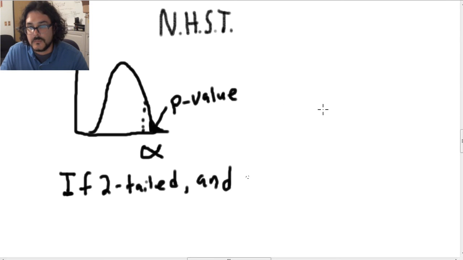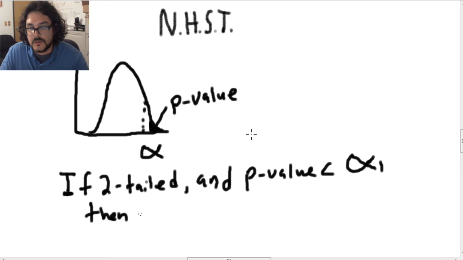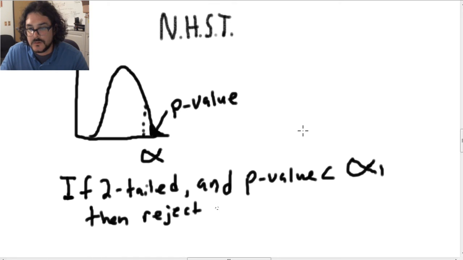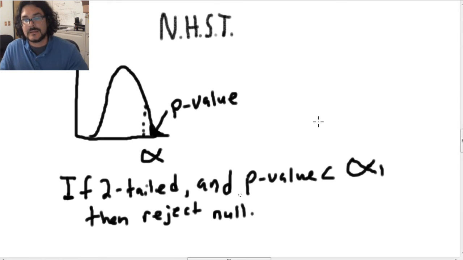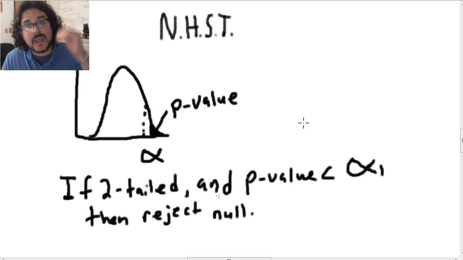If your p-value is less than alpha, then reject the null. When I say reject the null, I basically mean say that you have a statistically significant relationship or difference between the means, and state the specific nature of that relationship or difference between the means.